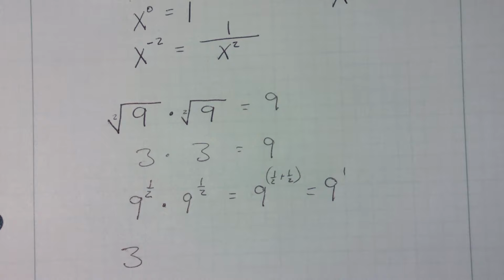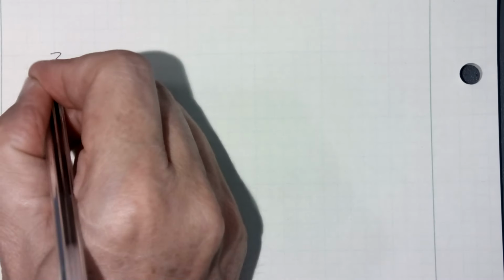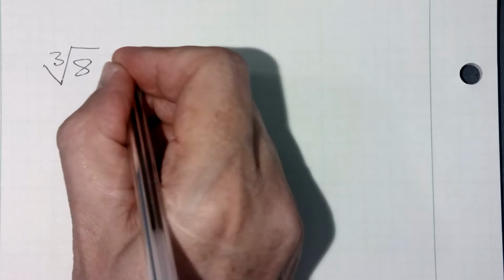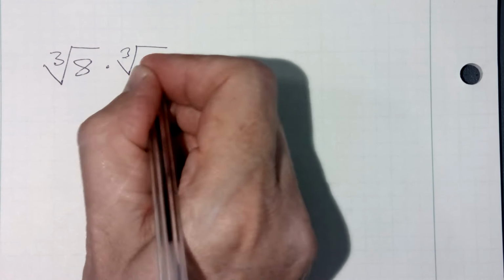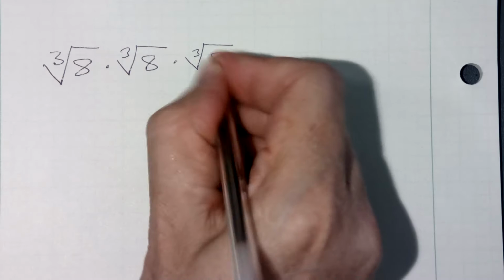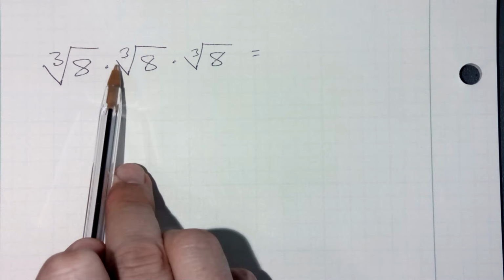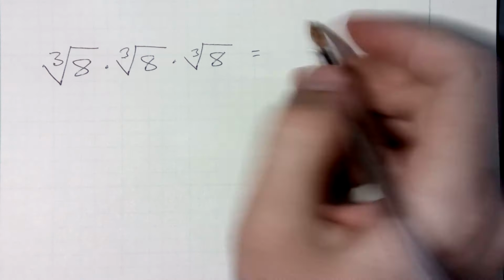As another example, let's do the third root of 8 times the third root of 8 times the third root of 8. If I'm doing a third root and I do it 3 times, this is really going to equal 8.